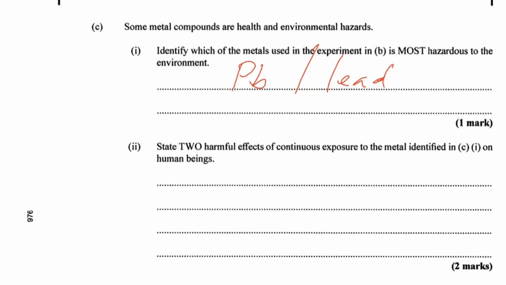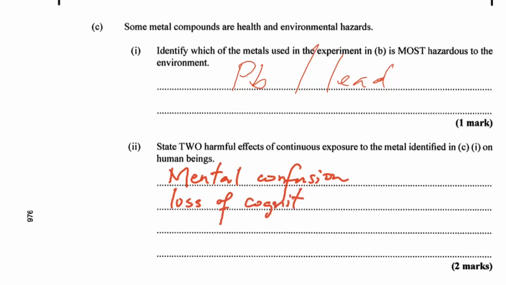Some of the harmful effects on human beings when exposed to lead are mental confusion. That's one. It results in loss of cognitive ability. It can result in visual disturbance.